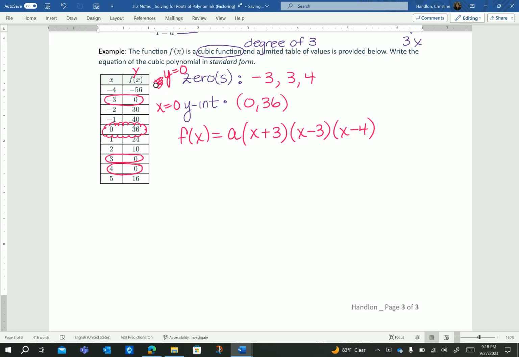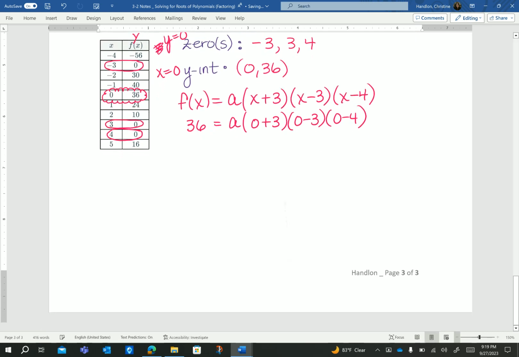Now, let's substitute the y-intercept. The f of x is going to be 36 equals a, and my x is the 0 from the y-intercept. 0 plus 3, 0 minus 3, and 0 minus 4.